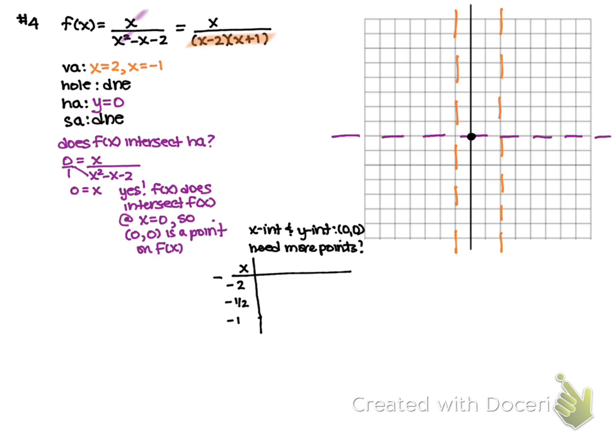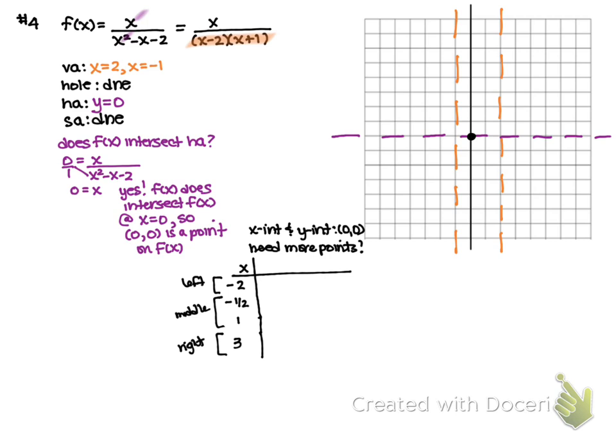So this is basically left, this is middle, just trying to figure out what it looks like in all the places. And then let's pick one thing to the right. If the vertical asymptote on the far right is located at 2, then let's pick 3. So, we don't want that to be -1. We want that to be +1. My apologies. So now plug those in, see what you get.